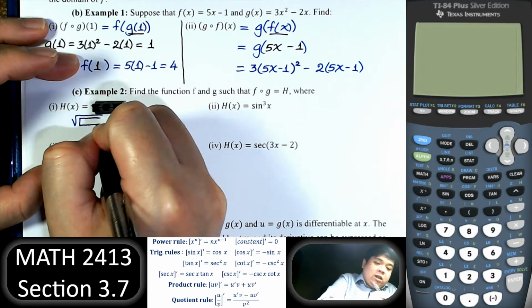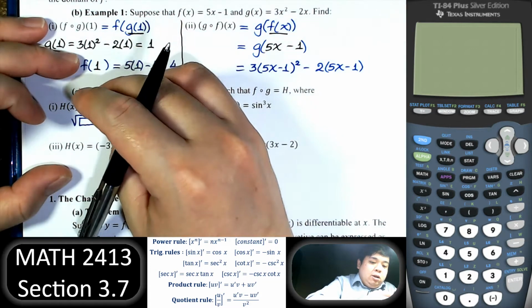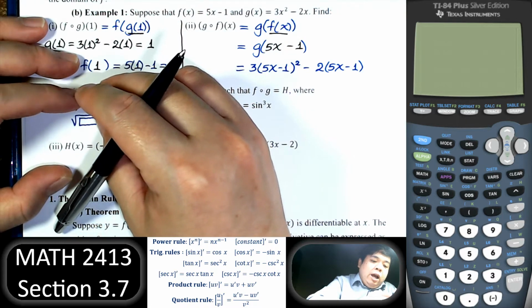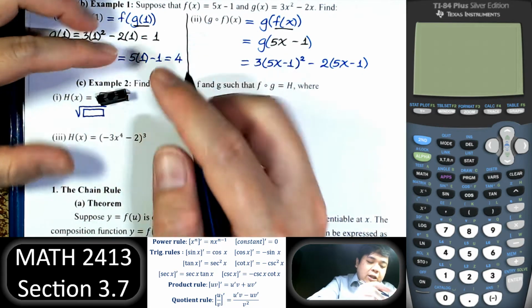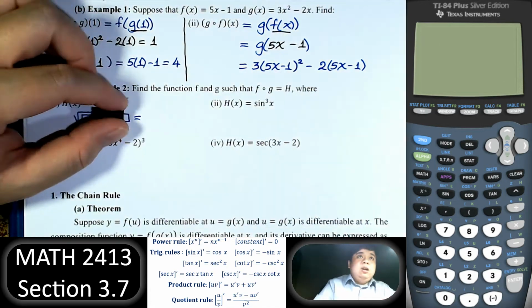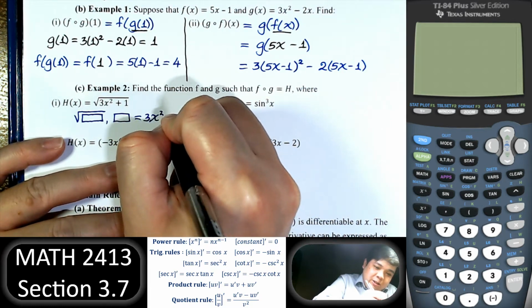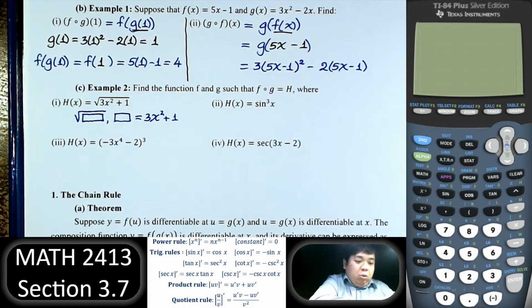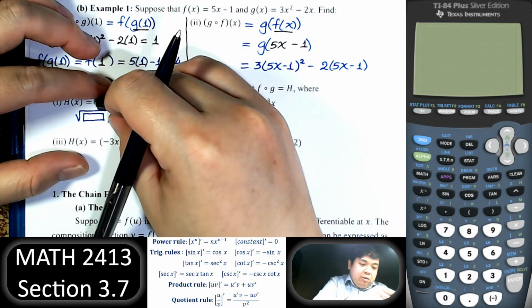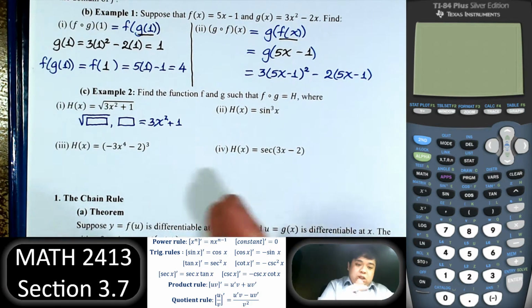Doesn't matter what's inside of that, and the box happens to be 3x squared plus 1. So in that process, regardless of what's inside, we first have the square root function. After that, inside the square root is 3x squared plus 1.